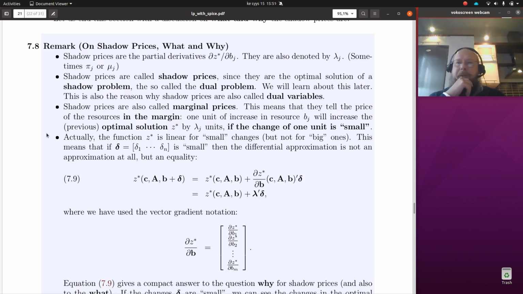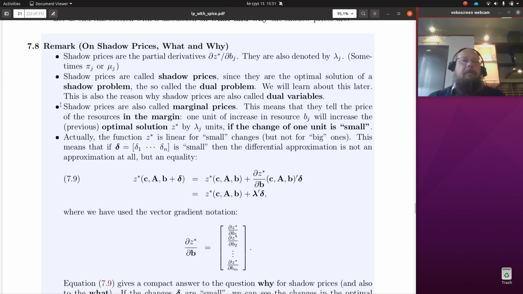It's actually also called a dual problem, and we have actually seen a dual problem already, but we will consider them more systematically later. And this is basically the reason also why these shadow prices are called dual variables. So whether you consider a shadow problem or a dual problem, then you call them shadow prices or dual variables. Maybe dual prices could also be used.